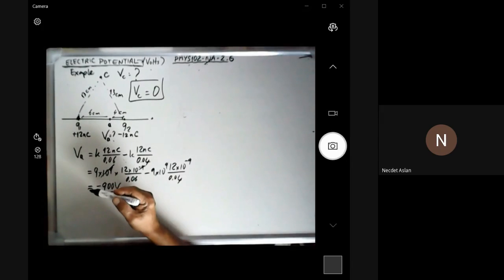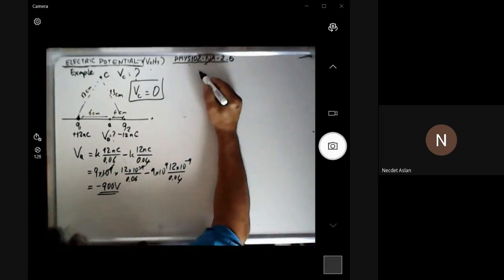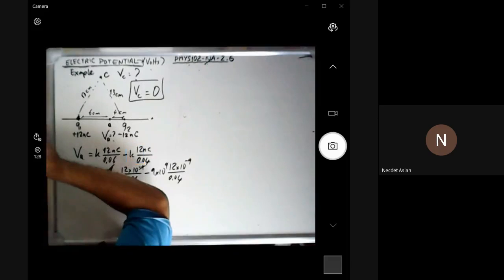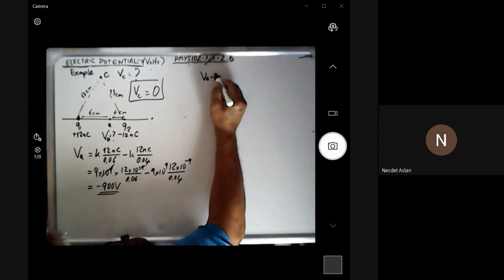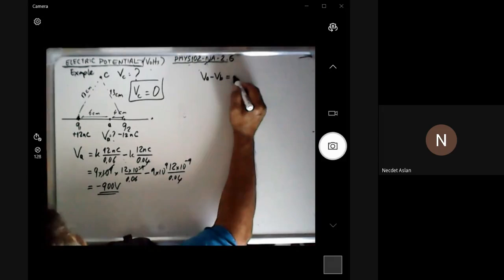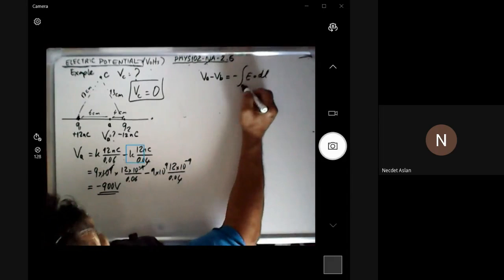So now we have this expression that we are using. Let me write the expression. VA minus VB will be equal to minus E dot dL, from A to B.